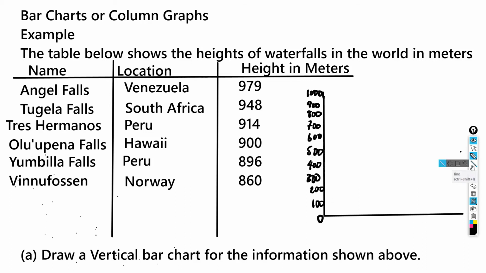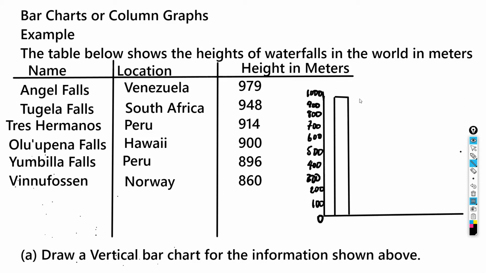Okay, cool. Since we have that now, we can label the falls in order, from the beginning. The first one is 979, which is almost 1000, so I can draw that from here. Let me draw that a little further from the vertical line. So I can draw it about here. That would be about 979. And remember that the bars are the same width when you're drawing them. So this is the first one at 979, and the other one is 948.